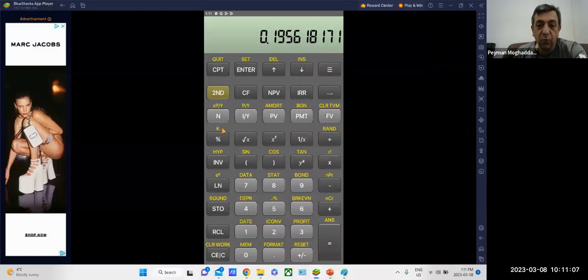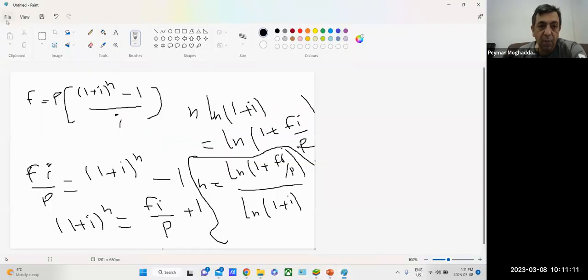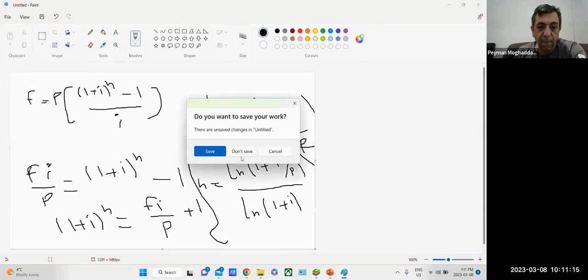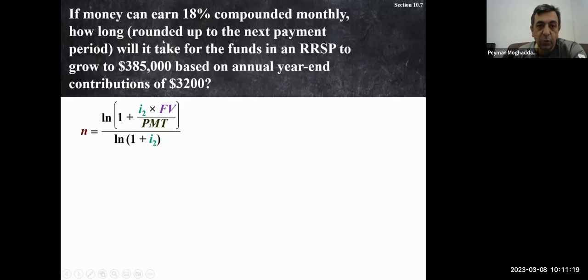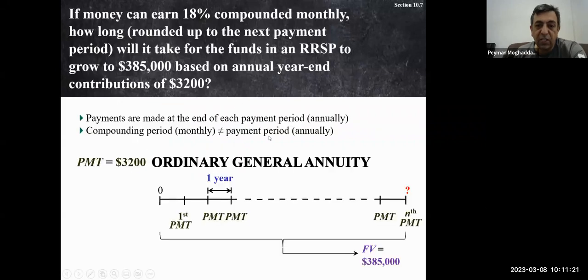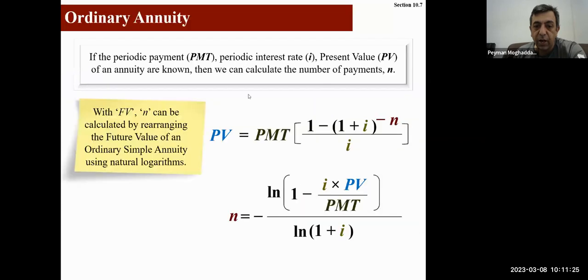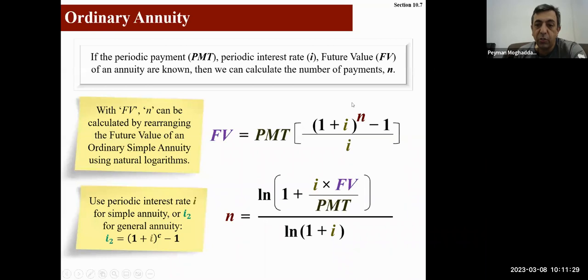If you're more comfortable with the way I paint here, you can either do that or stick with the original equation, which is this future value equation. So stick with this equation. Let me put the stuff in this equation.